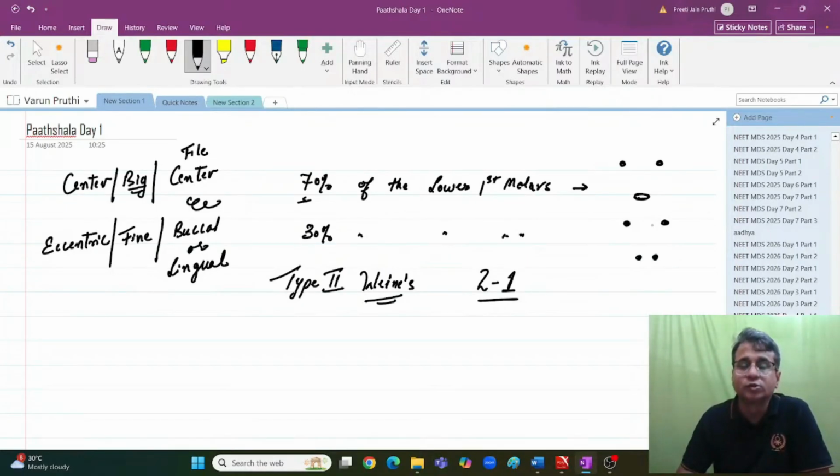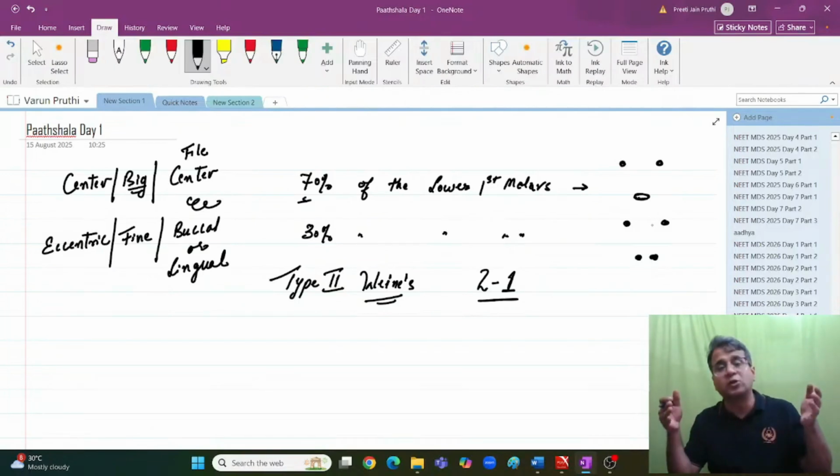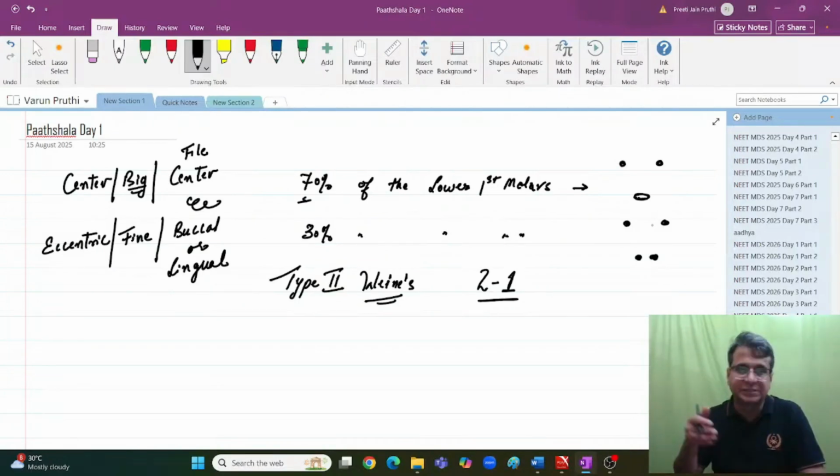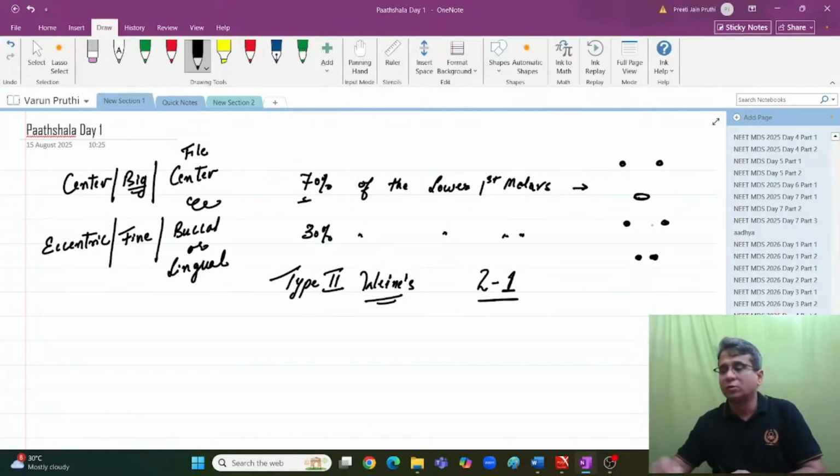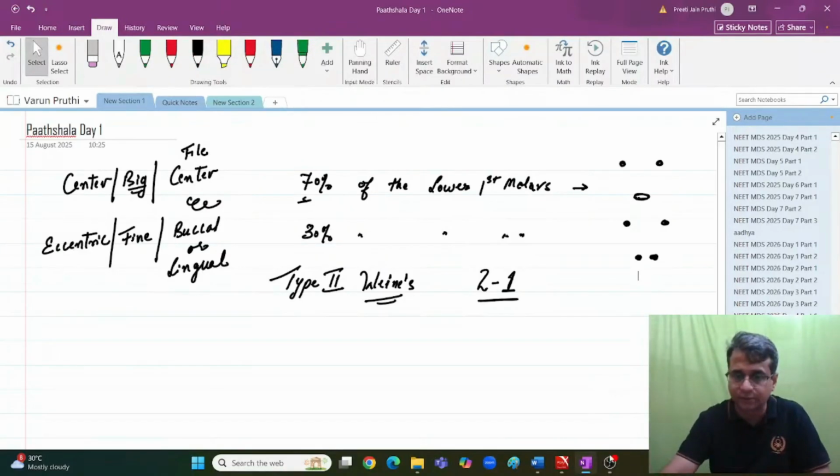So type 2 pattern you can see over here. If the canals are closer, like this, there are many chances that they will join somewhere during their course. So this is the first question.